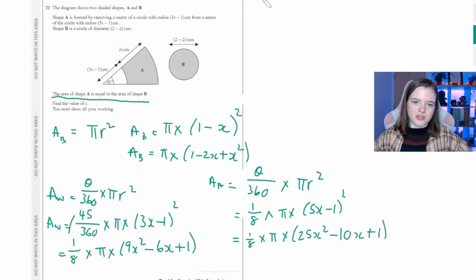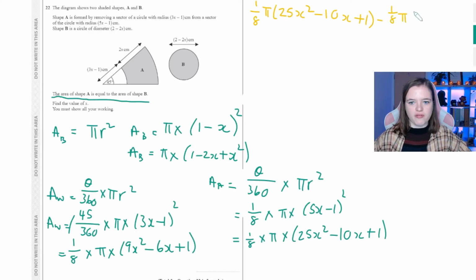Right. So I'm going to do 1/8. Take 1/8 pi of all of that, 25x squared minus 10x plus 1, take away 1/8 pi of all that, 9x squared minus 6x plus 1.